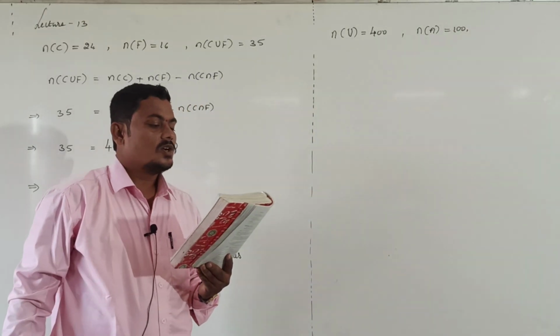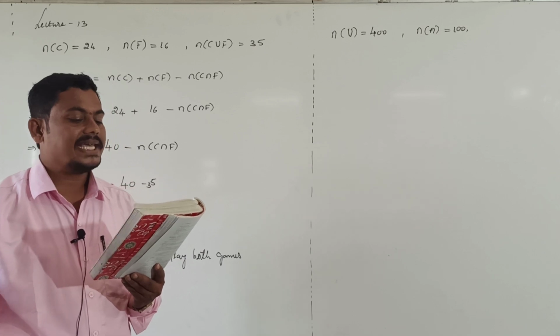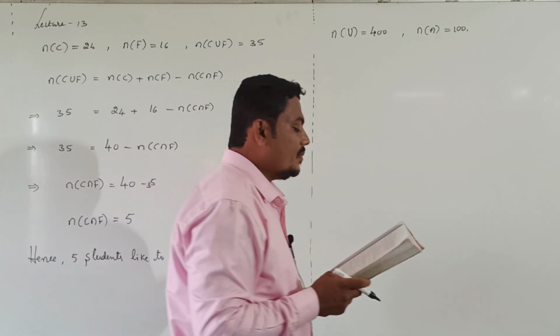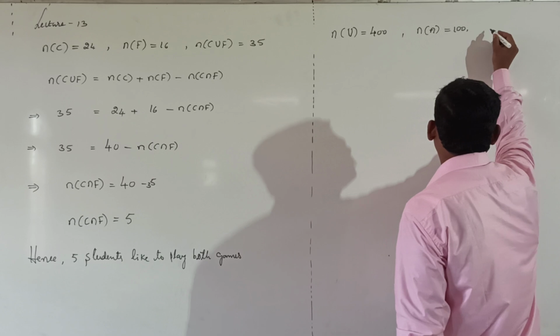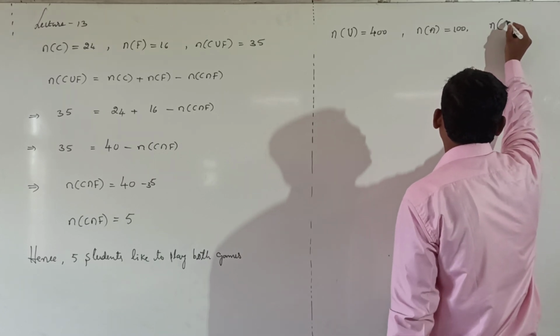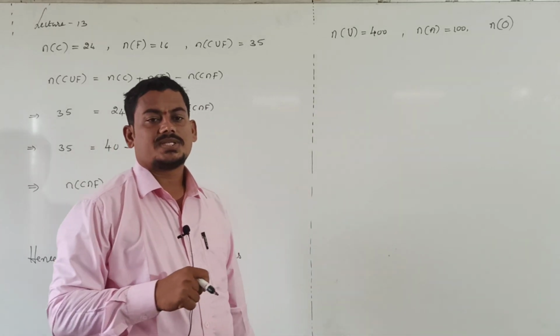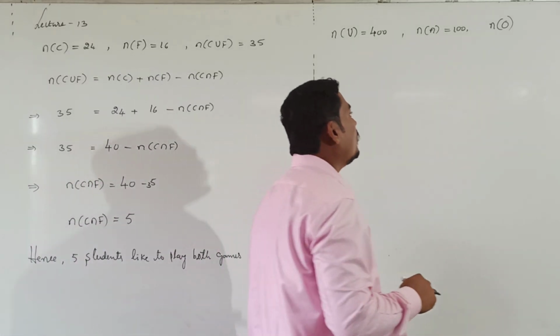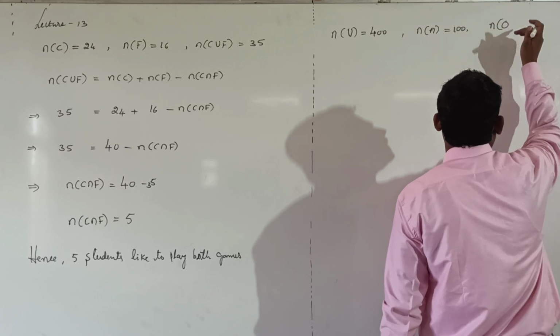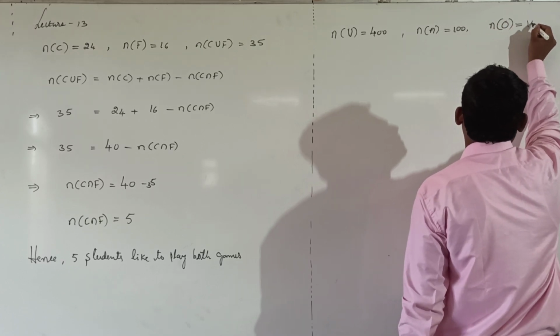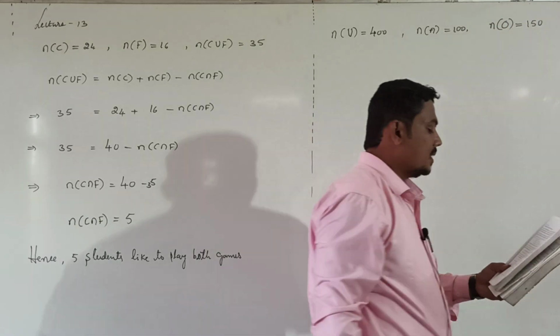After that, 150 take orange juice. I will take the number of students taking orange juice as n(O). n(O) is equal to 150.